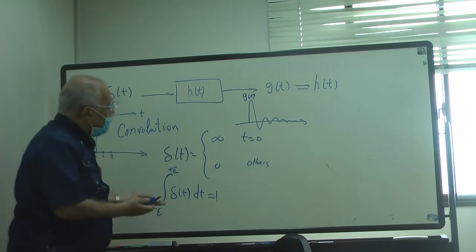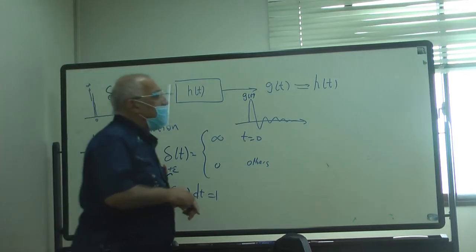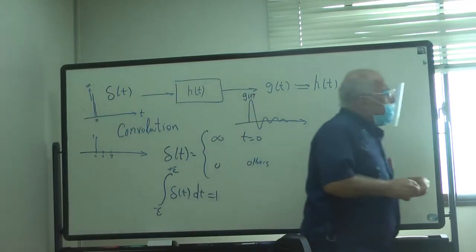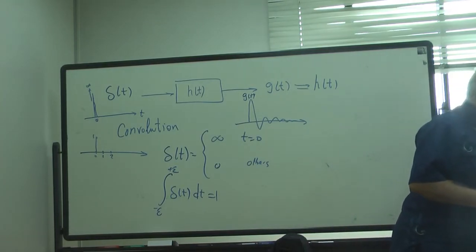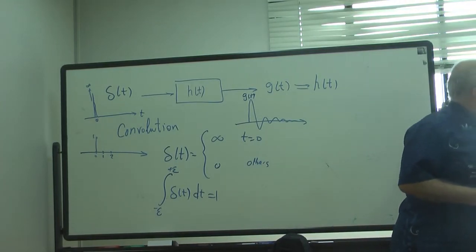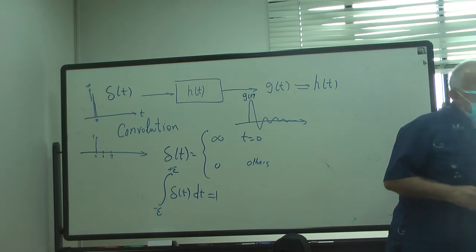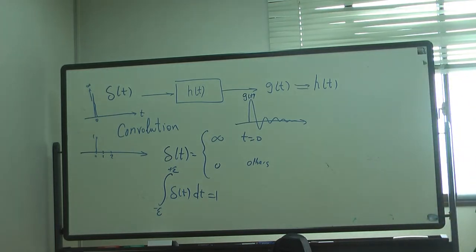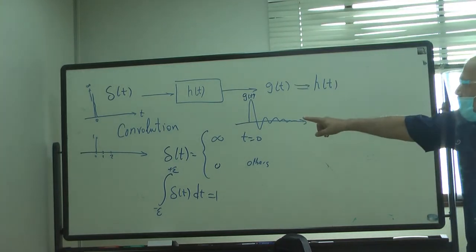The energy is 1. This is the definition of delta. This is in analog. The same is in digital: as I told you, just put 0, 1.